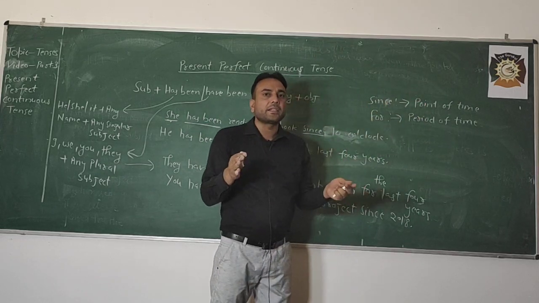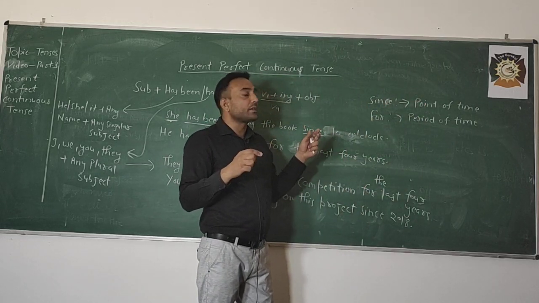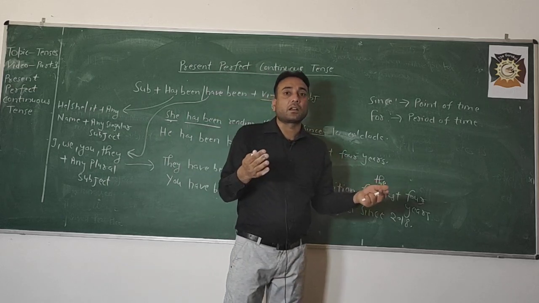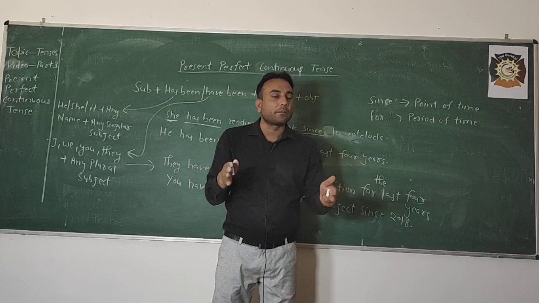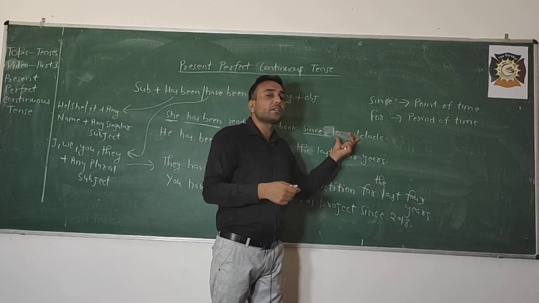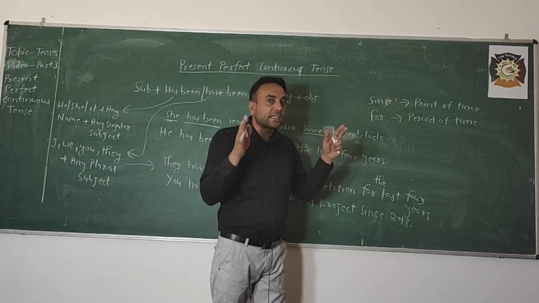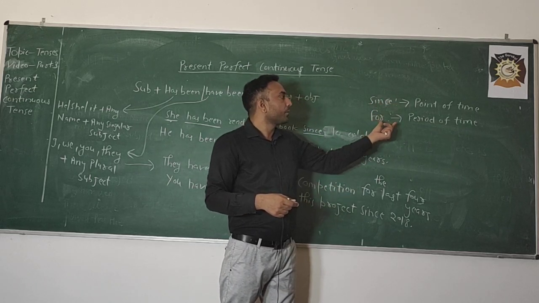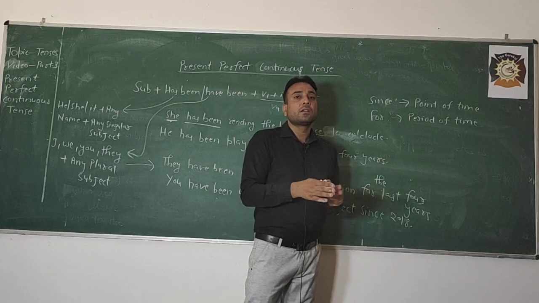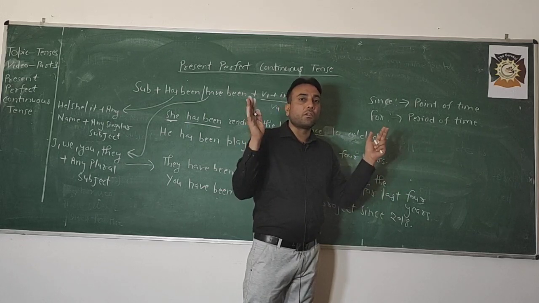When exact timing is given, when the action starts, meaning वो सुबह से ये काम कर रहा है, means since morning, वो 10 बजे से ये काम कर रहा है, means since 10 o'clock. So exact time is given, that's why we will use since. Now come to for, period of time. Period of time is 4 years, 3 years, 1 month.